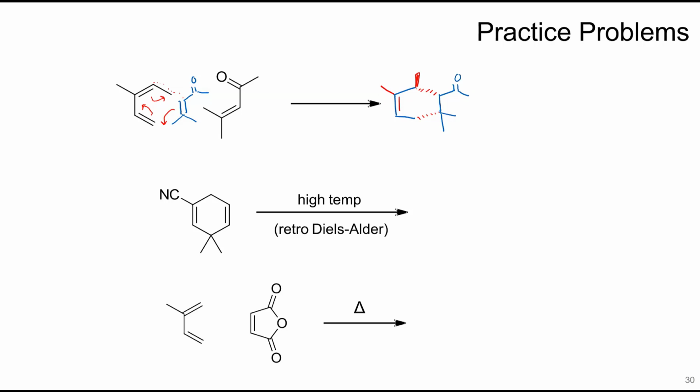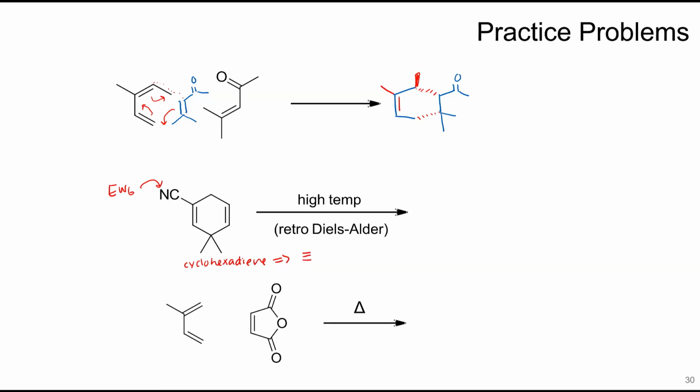Okay, so in the next problem, we're looking at a retro Diels-Alder, where we have to draw the product backwards. This is the electron withdrawing group. So my dienophile came from here, and I have a cyclohexadiene, which tells me I probably have a triple bond before then.